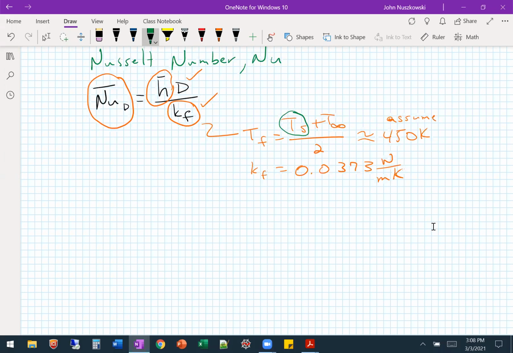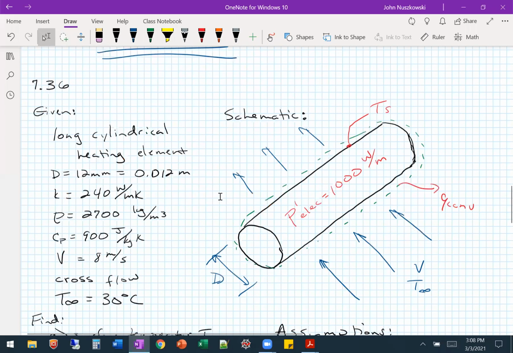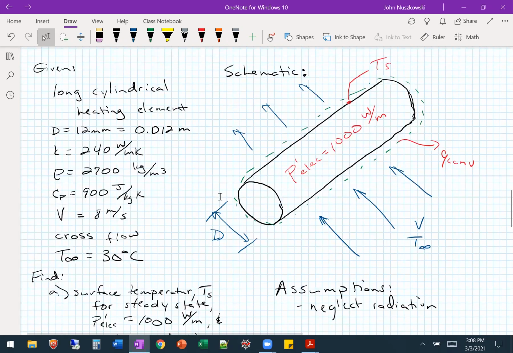If you're going to hunt this down in the book, within the chapter, what are the main factors you're looking at in this problem to get the right Nusselt number equation? Geometry.